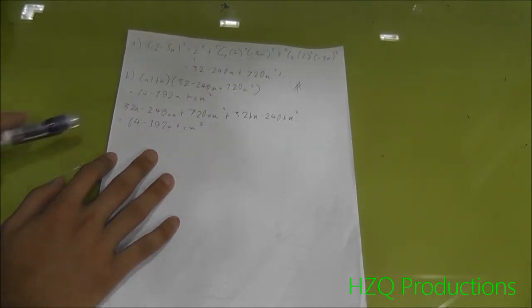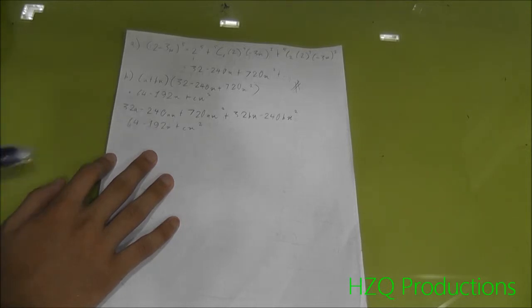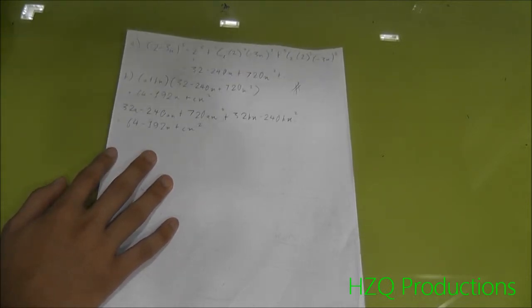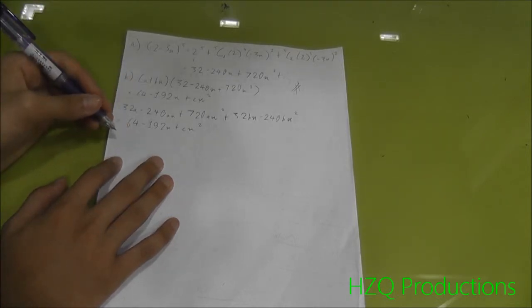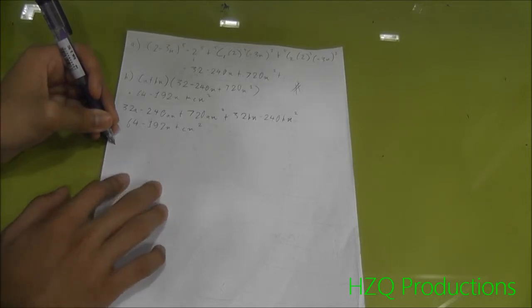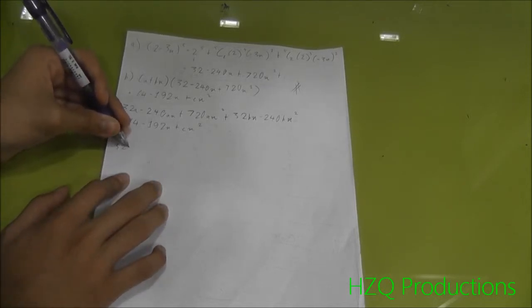Now basically I just put the equal sign here because there's a finite amount of space, so that's why I put it down. But when it comes to exams, don't do it like that. This is for the purpose of the video itself. Then you want to rearrange.